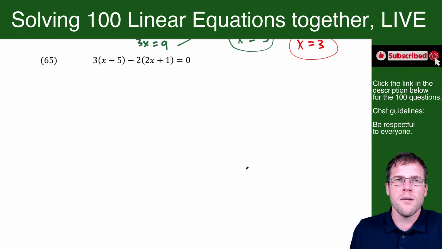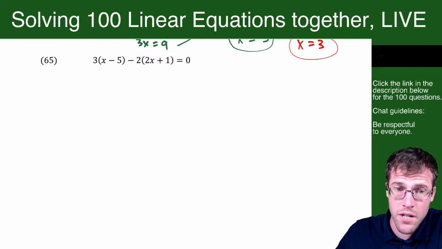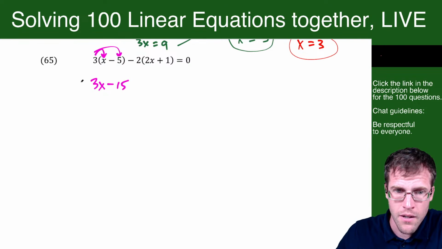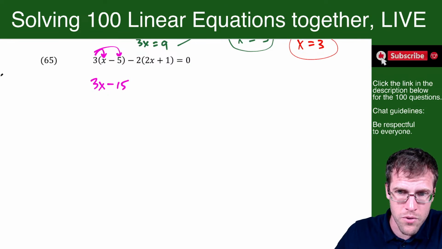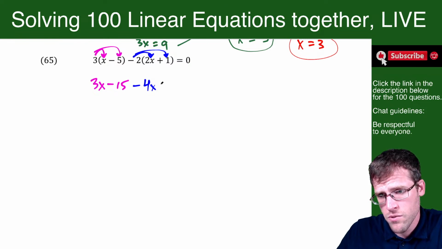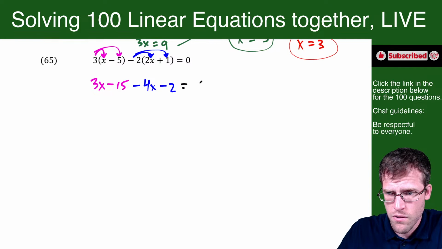All right, so now double distributive property. Look out. So here, we're distributing the 3 to this part. So we have 3x, and then 3 times -5 is -15. But then I also have to distribute the -2 to this part. So I have -4x when I do -2 times 2x, and then -2 times 1 is -2. And this is all equal to 0.